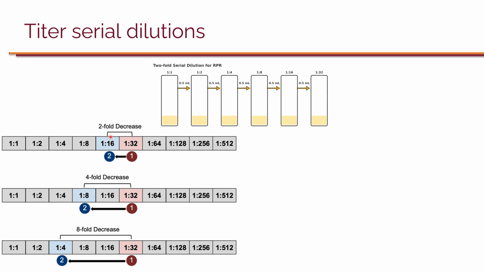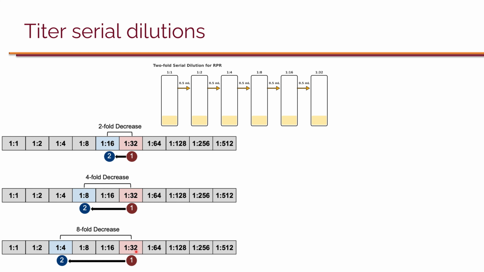So 2 to the first power is 2, so this jumps by 1 dilution. So this is a twofold decrease, which is not enough for cure. In the second example, when it goes from 1-to-32 to 1-to-8, this is 2 jumps. So 2 to the second power is 4, so that's a 4-fold decrease.